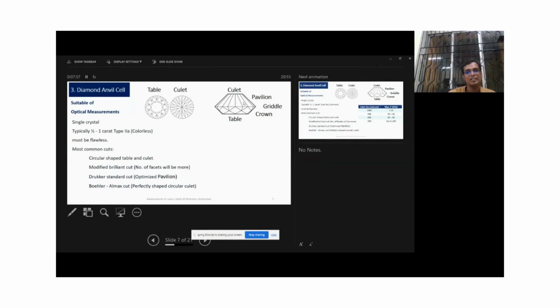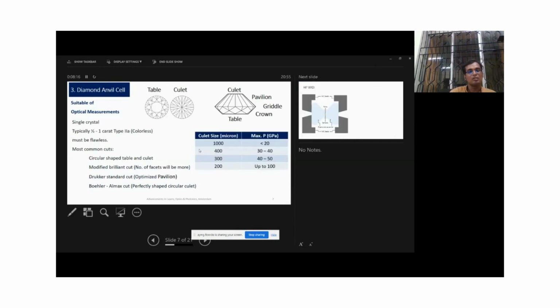With an optimized pavilion, the height of the pavilion could be changed so that the exact pressure could be modified. And also the Boehler-Almax cut, it's a company producing that kind of perfect circular cut.